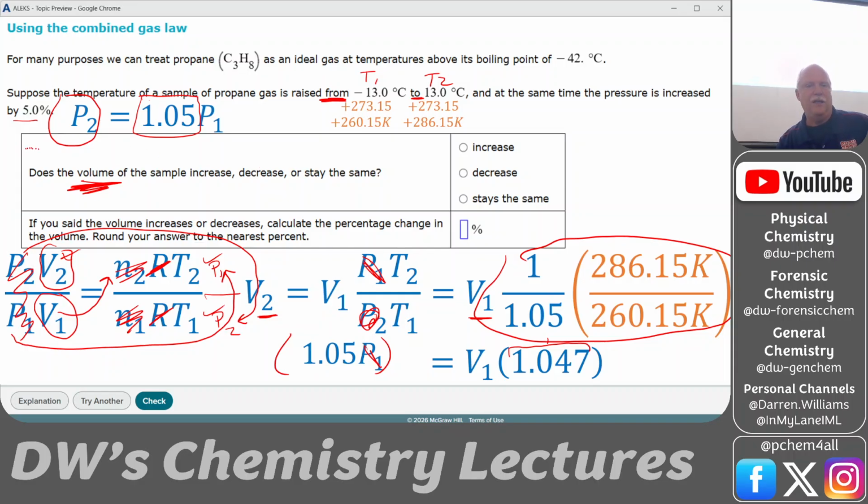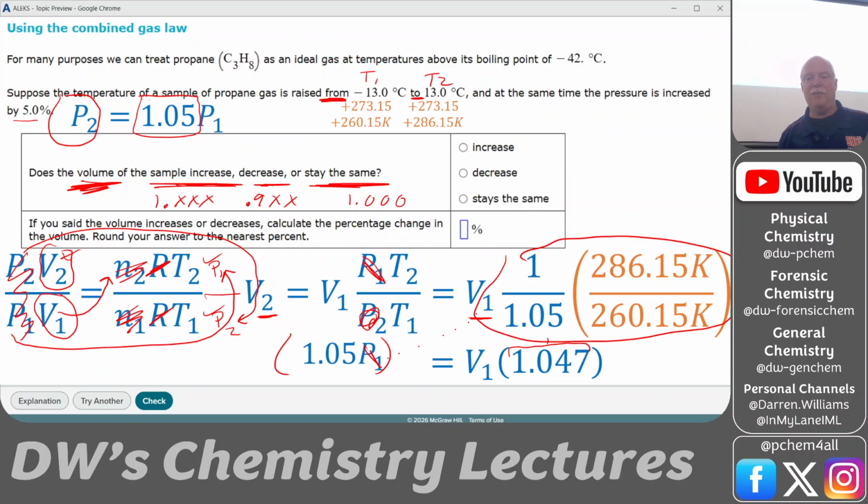So this first question, does the volume of the sample increase or decrease or stay the same? Increase would be 1.x, it increased, right? It went up. Decrease would be like 0.9x or whatever. Like it'd be less than 1. And stay the same would be 1.000.